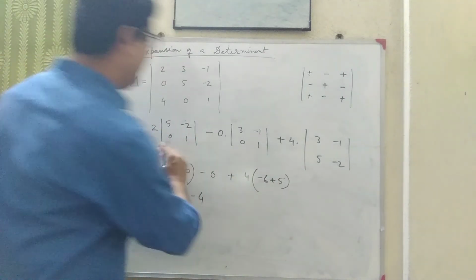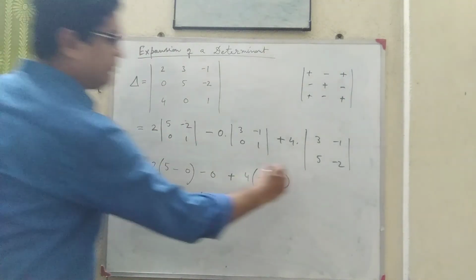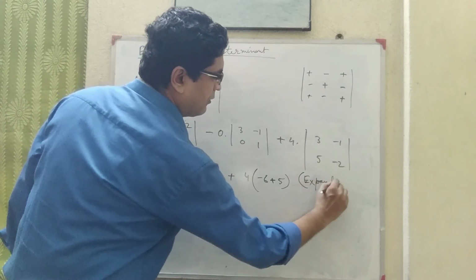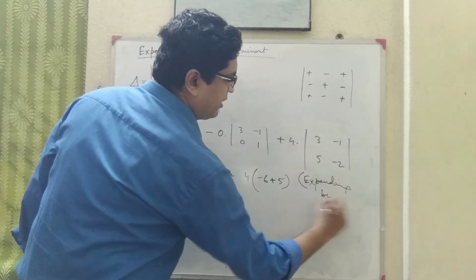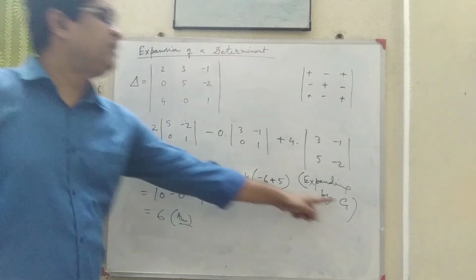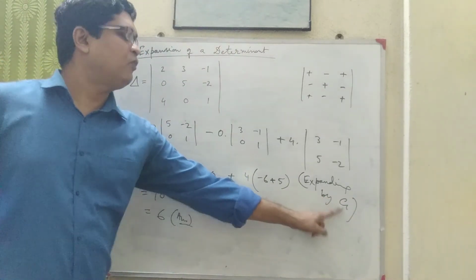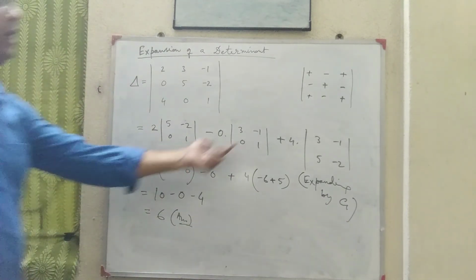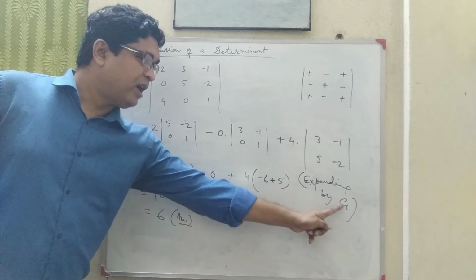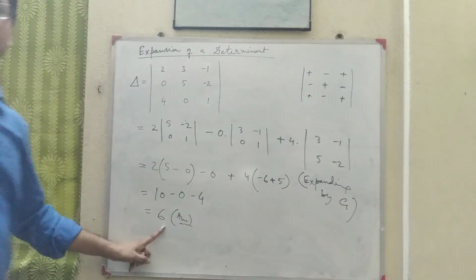Here we have expanded by first column. So you have to write expanding by C1. C1 is the short form of first column, column 1. Here we have expanded by first column, but we are getting the same answer 6.